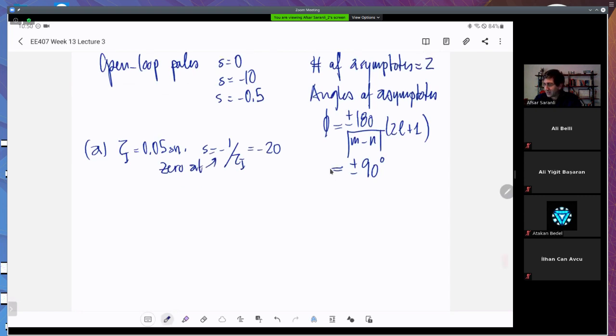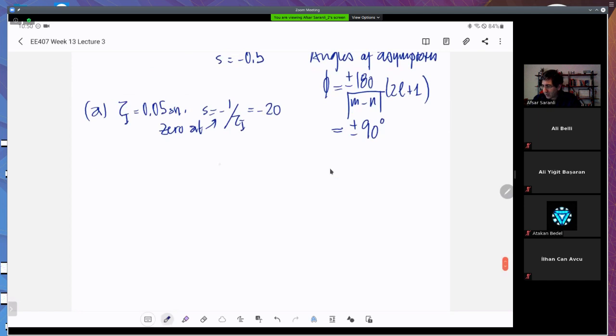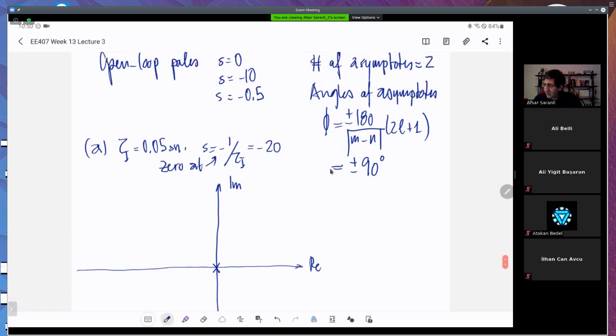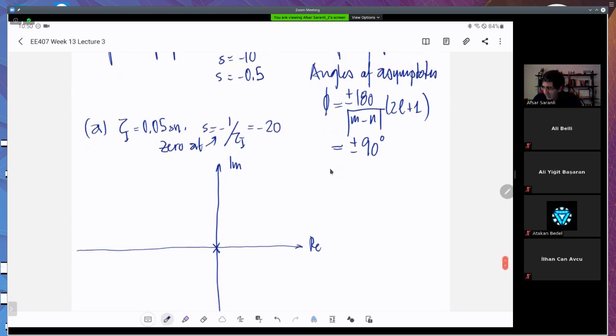Let me sketch this. So this is our first case: the real part, the imaginary part of the S-plane. Our poles are, one is at 0, the other one is at minus 0.5. It's difficult to draw this at scale. Hold on. 0.5 here.